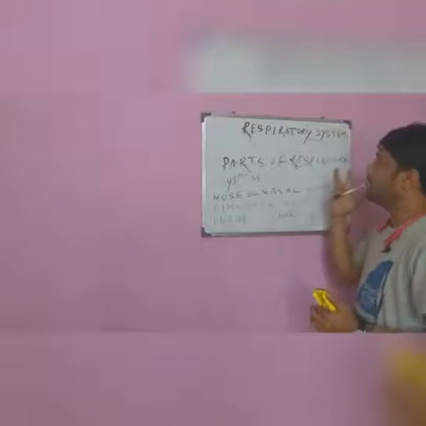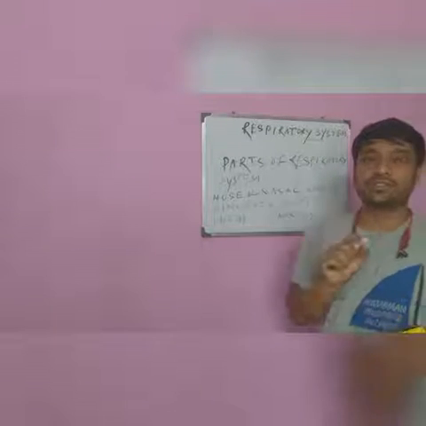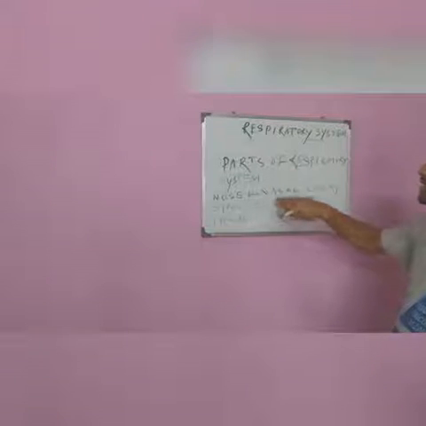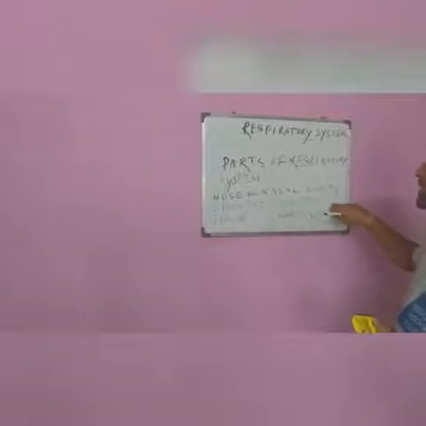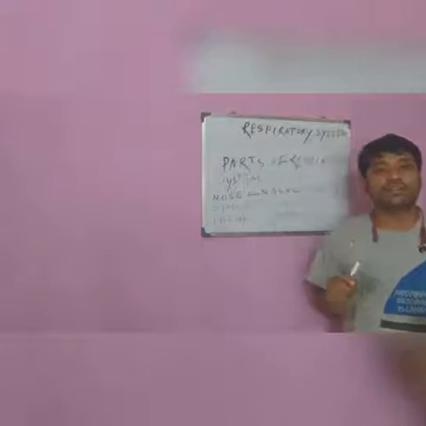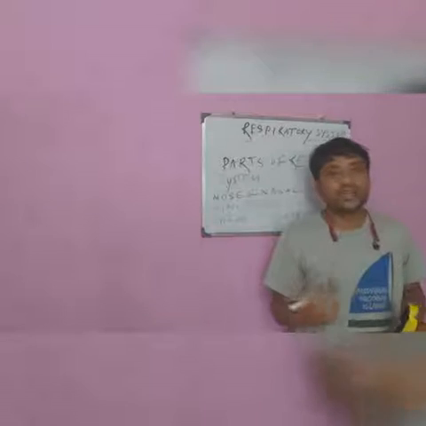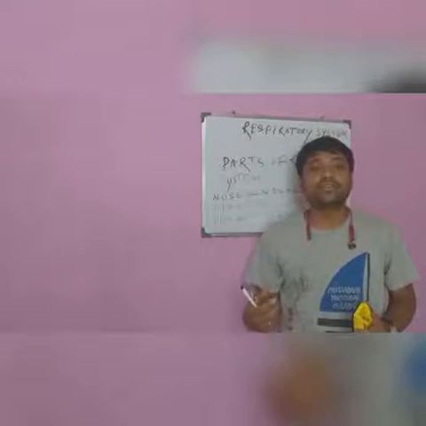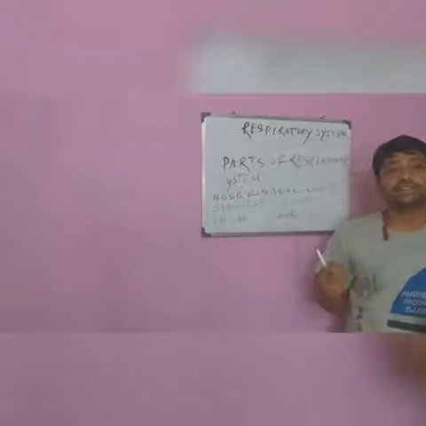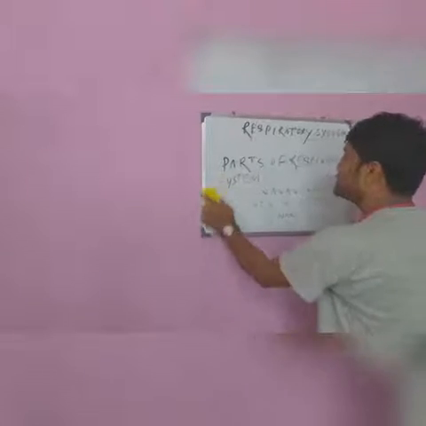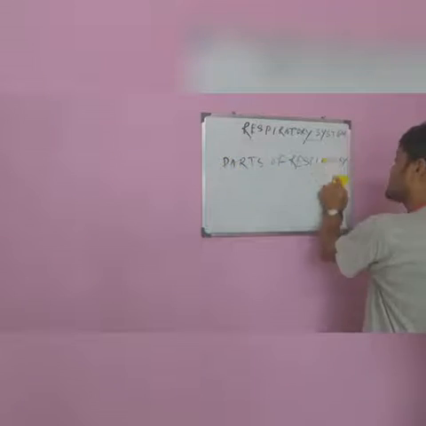And these are all parts of the respiratory system: nose and nasal cavity, sinus, mouth, throat, pharynx, voice box or larynx, windpipe or trachea, diaphragm, lungs, bronchial tubes and bronchioles, air sacs, alveoli, and capillaries. So first of all, I'll discuss with you nose and nasal cavity.